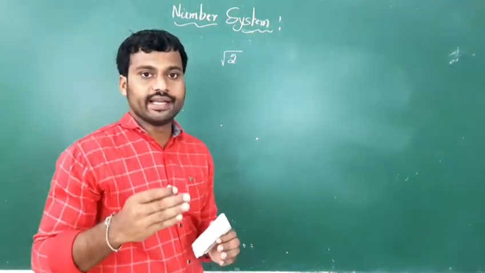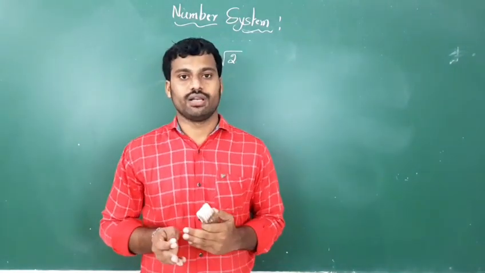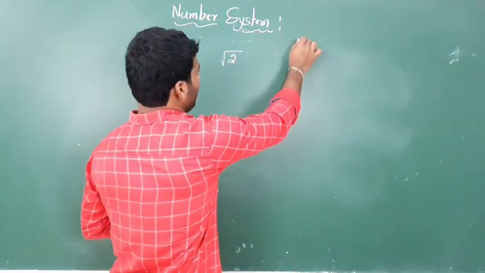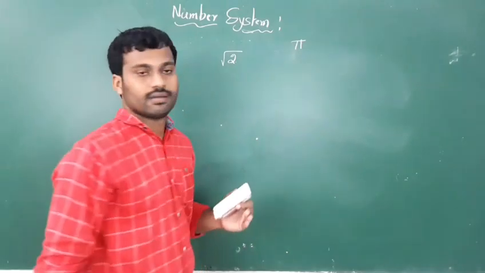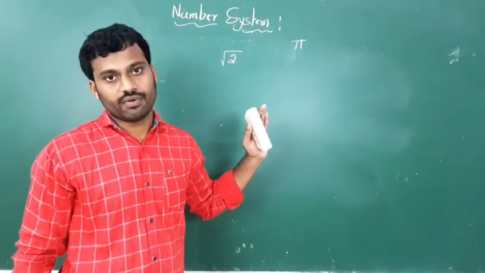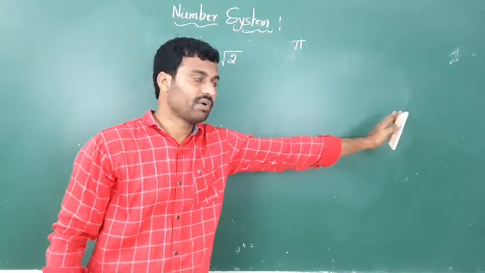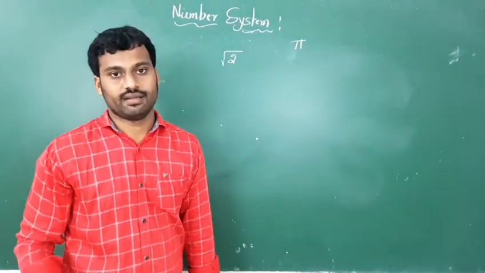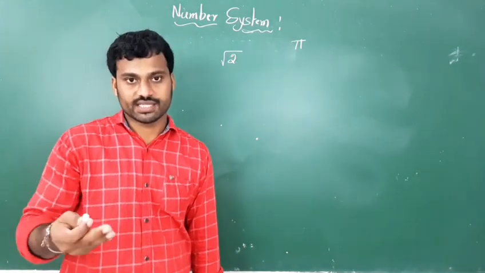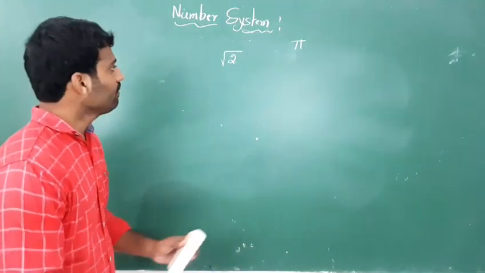You should have an idea which are the rational numbers and which are irrational numbers. So pi. Pi is rational or irrational? Rational number. Why? Because pi can be written as 22 by 7. You simplify, at a certain place the decimal places will recur. Clear or not?